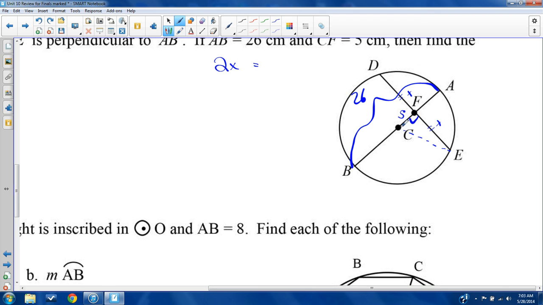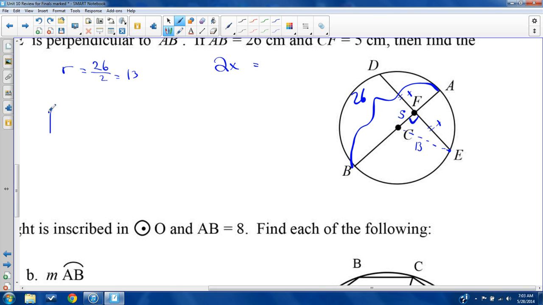To figure out what x equals, I need to know this length CE. Now, CE is a radius. It goes from center to endpoint. This radius is half the length of the diameter. If the diameter is 26, then the radius is 26 over 2, which is 13. So CE is 13. So now we're looking at a right triangle.